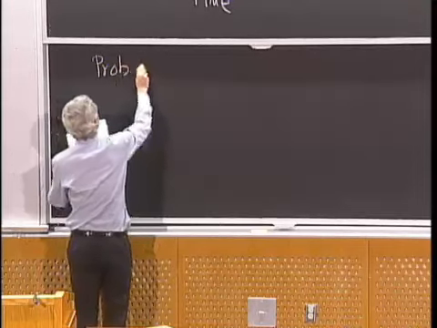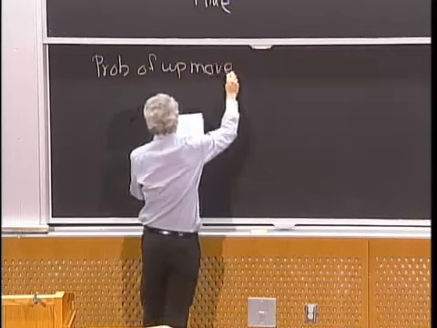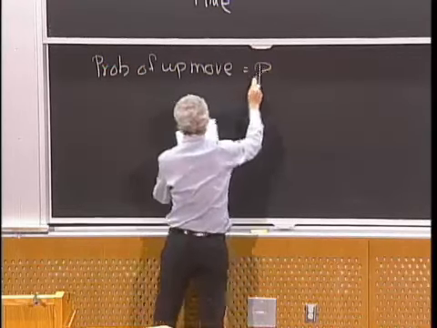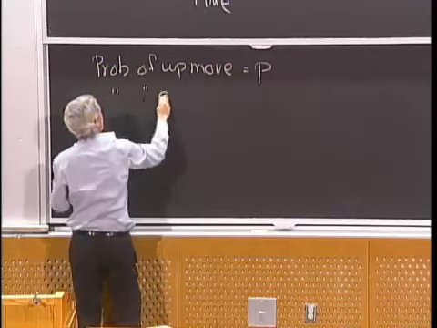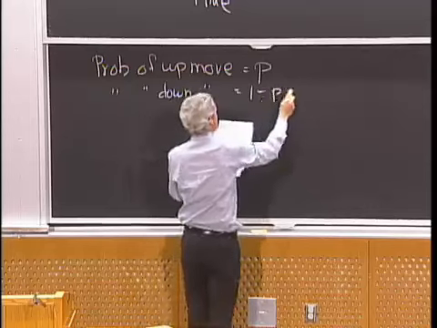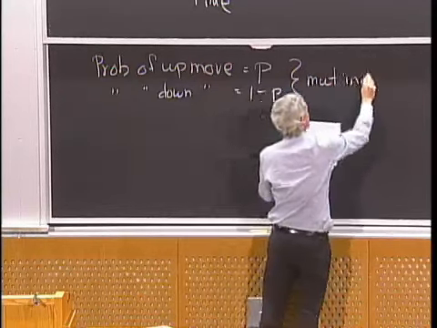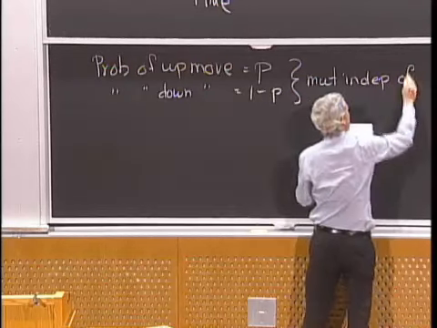The probability of an up move is p. The probability of a down move is 1 minus p. And these are mutually independent of past moves.